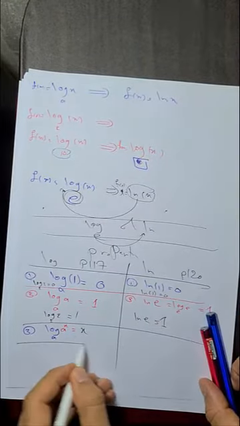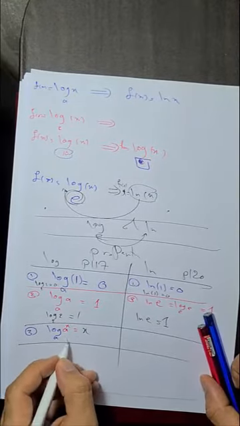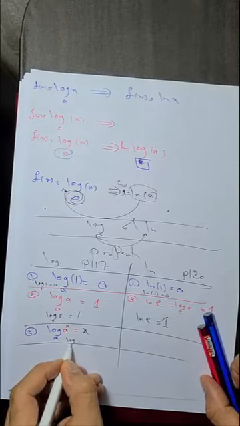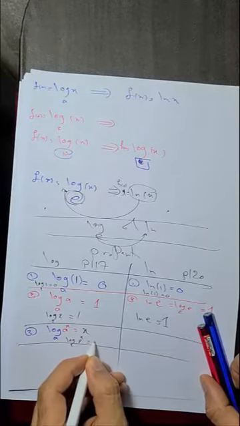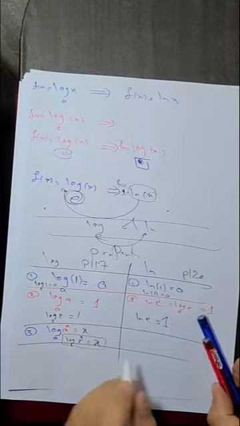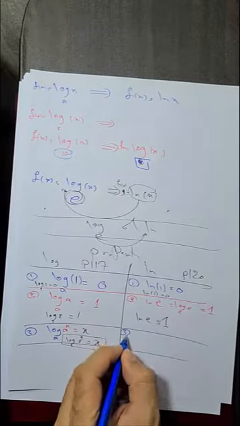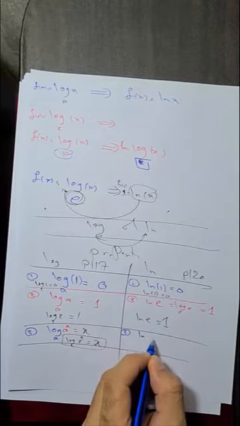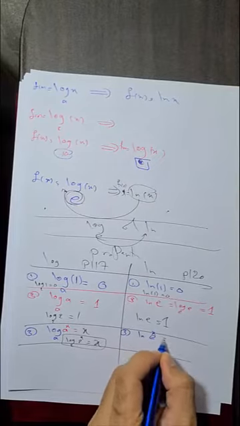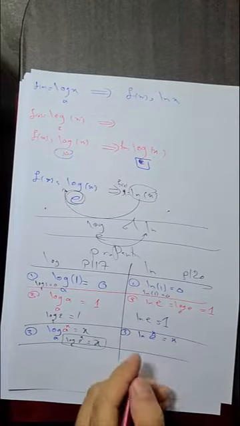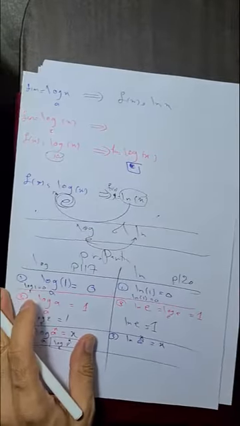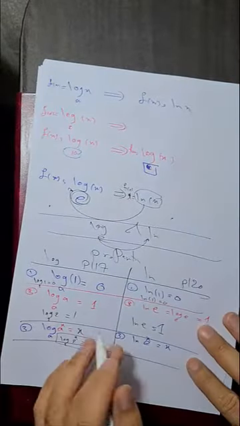Okay, dear. So for example, I have log base 2 of 2 to the power x, I can say it is equal to x. Okay, dear. So how about the third example here? If I have ln of e to the power x, it is equal to x. The example is the same, I cannot change them. Okay, dear. So here's your example.